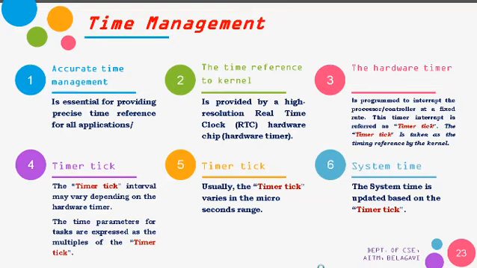The timer tick is taken as the timing reference by the kernel. The timer tick interval may vary depending on the hardware timer, and the time parameters for the task are expressed as multiples of the timer tick. The timer tick usually varies in the microsecond range and the system time is updated based on the timer tick.